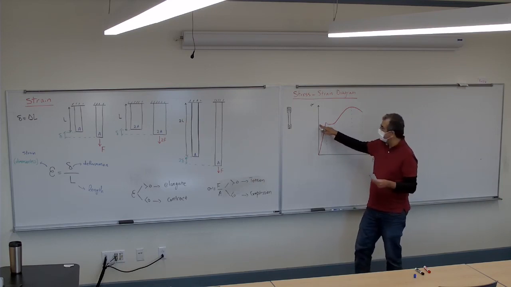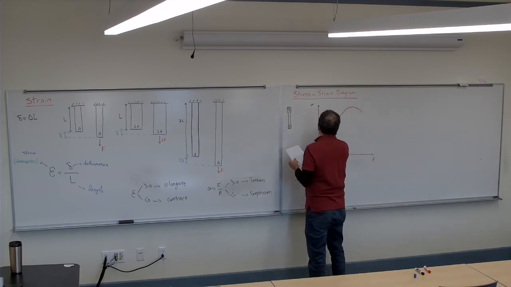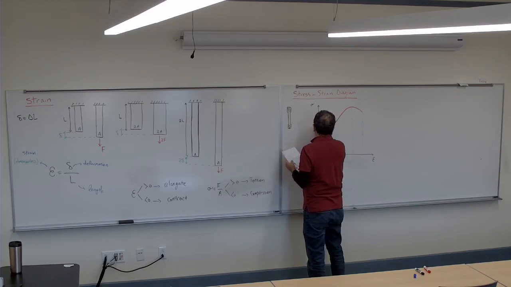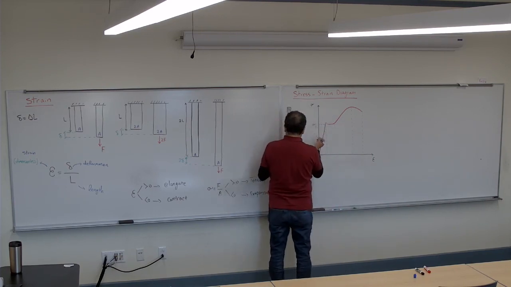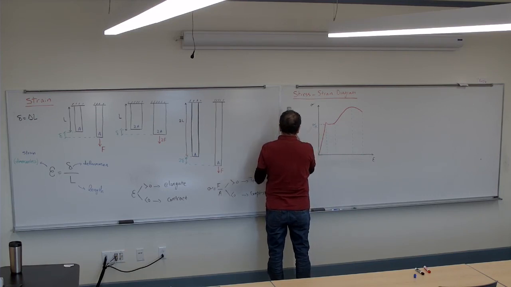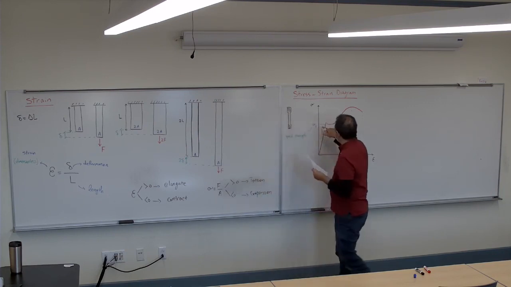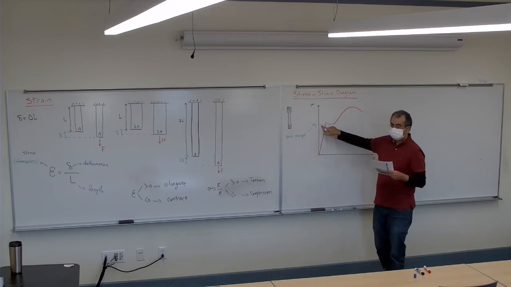If I come here, that's called sigma y, the yield strength. Until I get to that point, the yield strength.